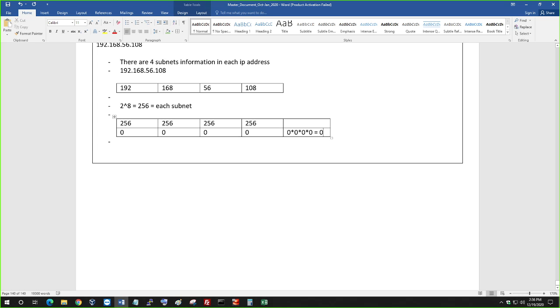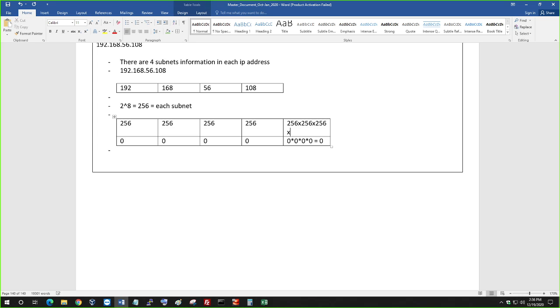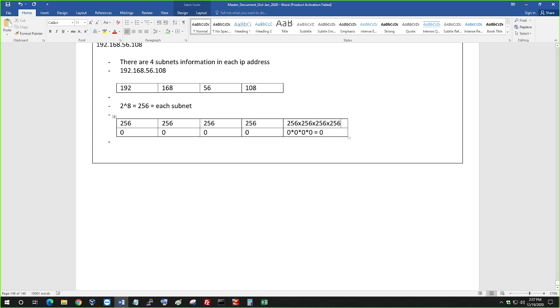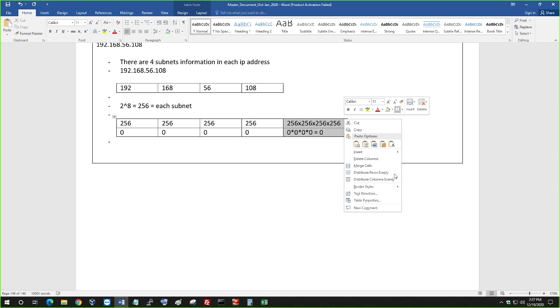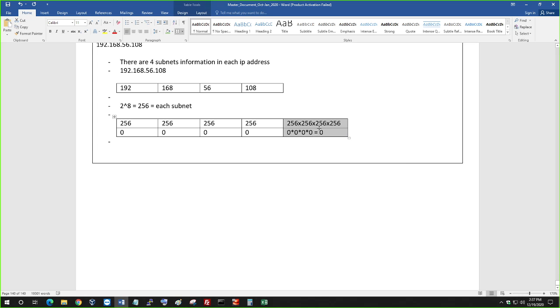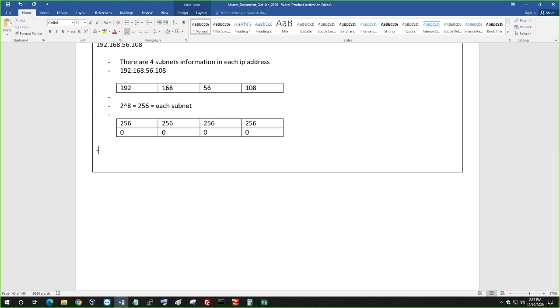Now above here is different: 256 times 256 times 256 times 256, okay? What I'll do is cut this part out and put it down here, so that you don't get confused.